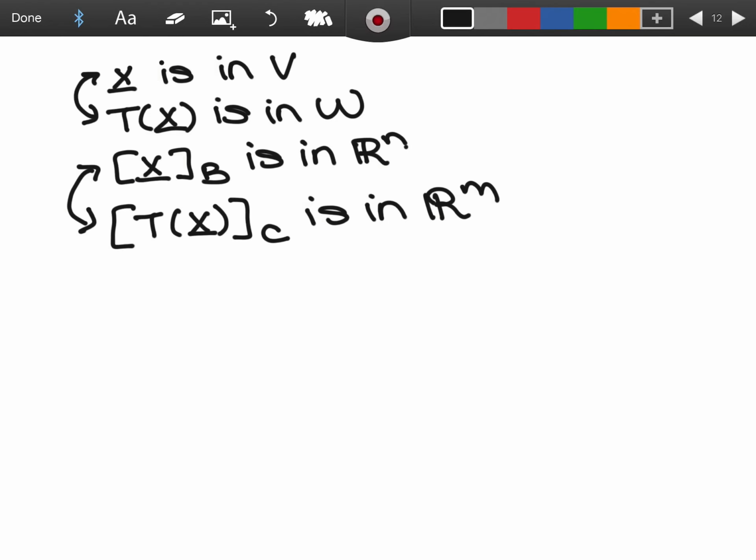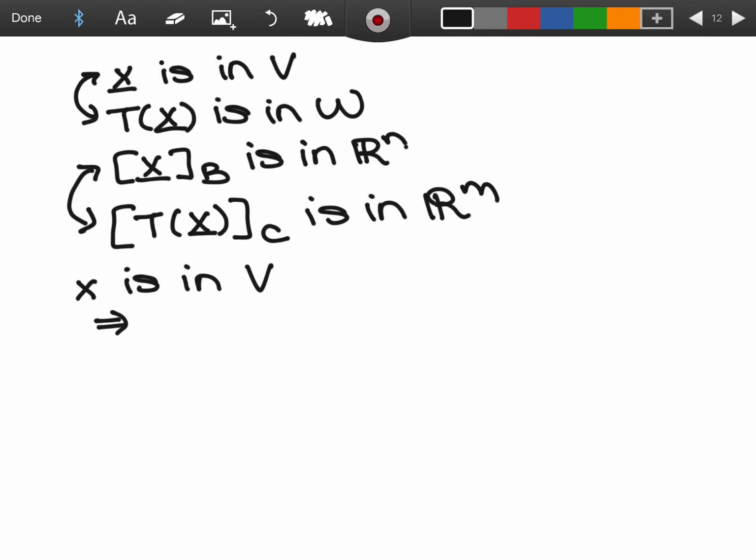But now we're in terms of these different bases. So the vector space V is in terms of basis B, and vector space W is in terms of basis C. They are not necessarily the standard bases. So we want to see what the relationship between these two vectors is. So I know that X is in V.